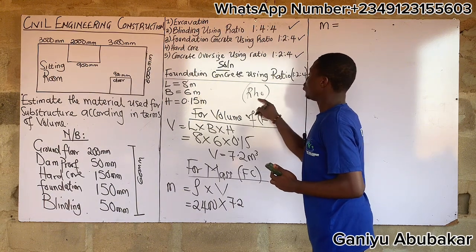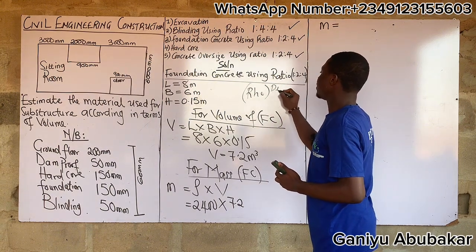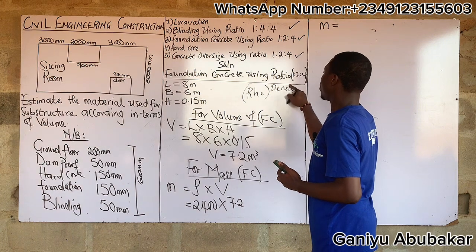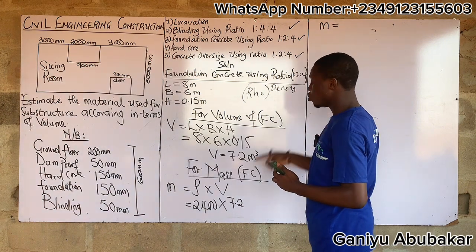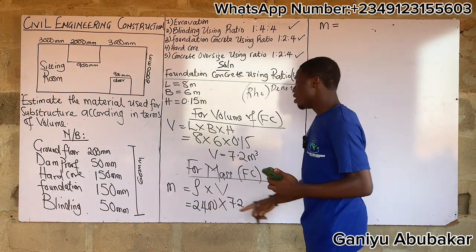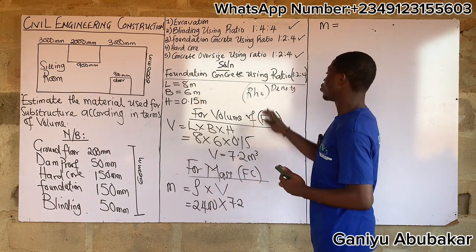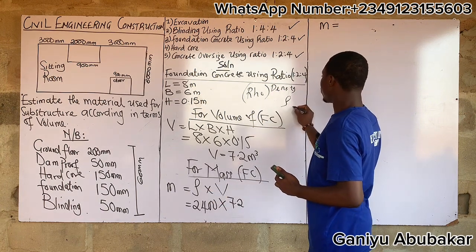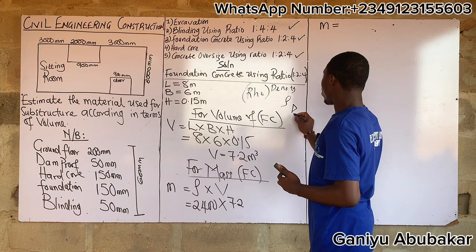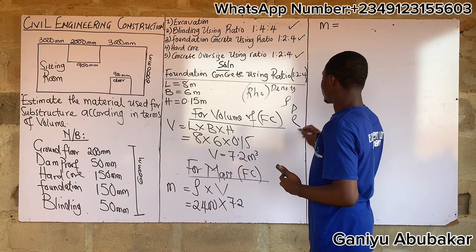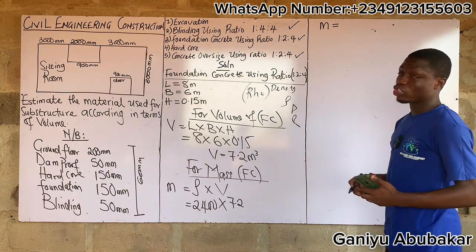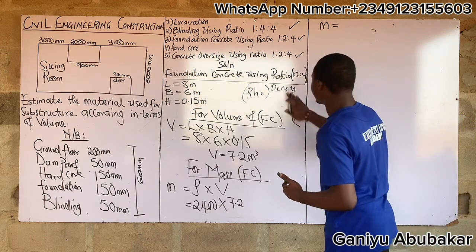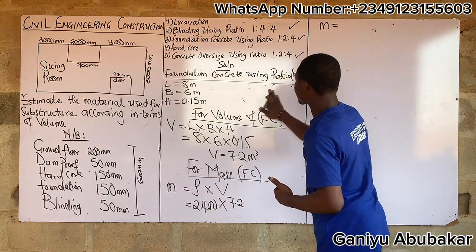Rho is used for representing density. In the previous video, I just wrote the word density. So this is a symbol for representing density. Either I use this, or I use this, or I use this. Any of these three is correct, right?